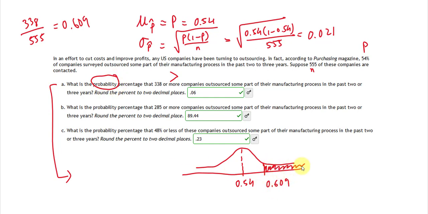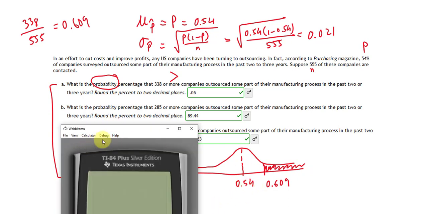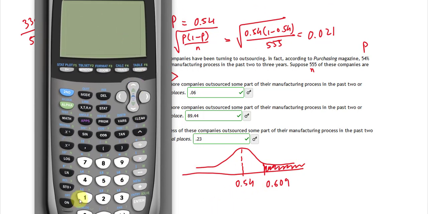Now, how do I find the area to the right? If I use the TI-84, I can do that very easily. I use 2nd distribution, go to normalcdf. The lower bound starts from 0.609, and for the upper bound we go all the way to the right, so I just put a very huge positive value to represent infinity. The mean is 0.54 in the center, and the standard deviation is 0.021.